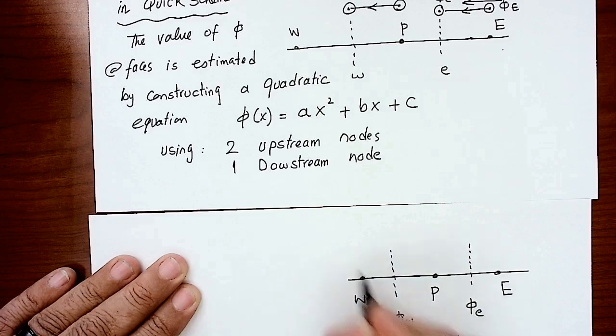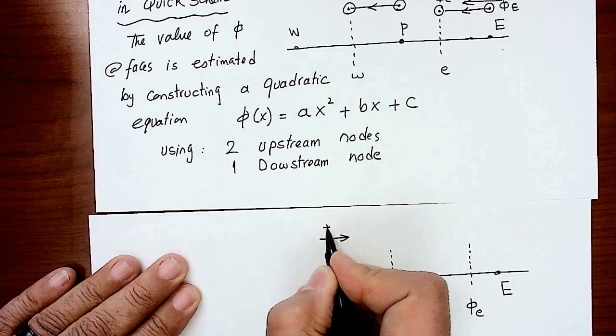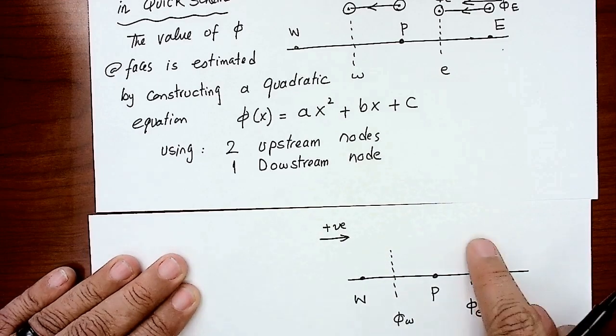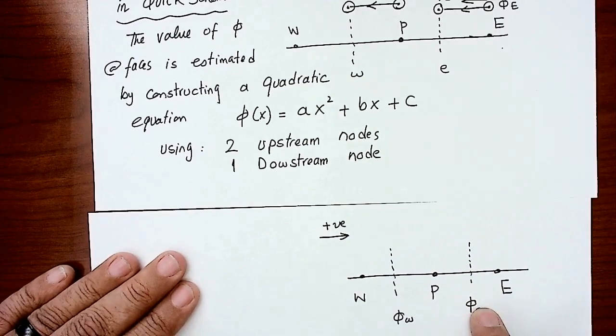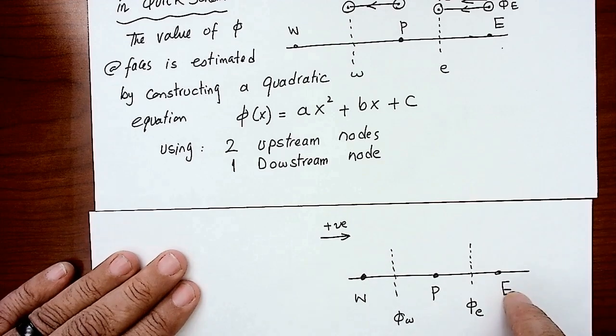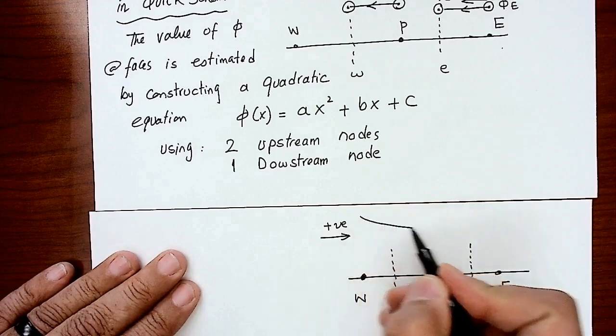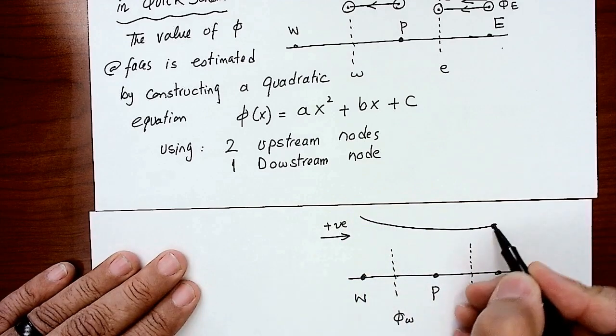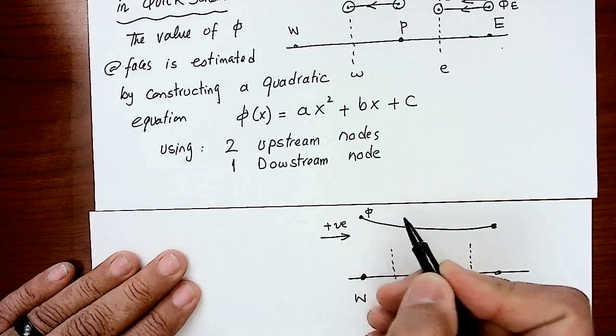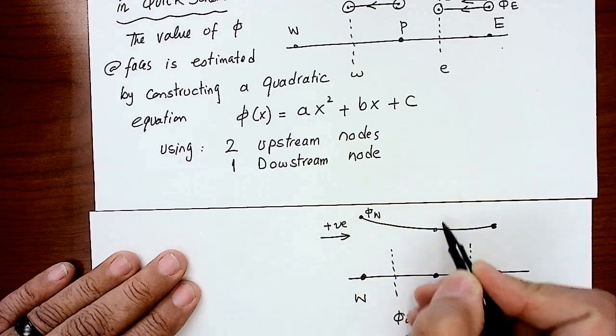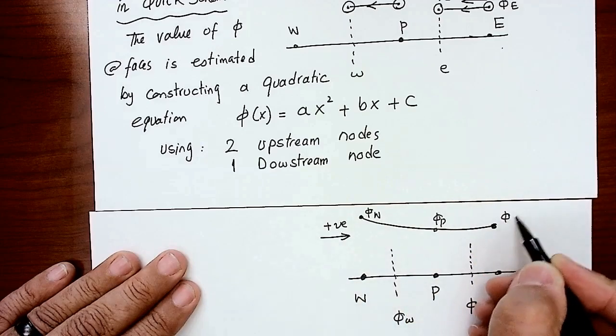And I'm going to assume that the flow is going in that direction. So if I'm interested in finding the value of phi on the east face, I will pick two upstream nodes, which will be W and P, and another downstream node, which is E. Then I'm going to construct a quadratic, second order equation, using phi west, phi P, and phi east.